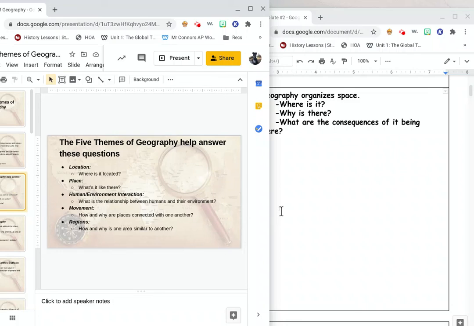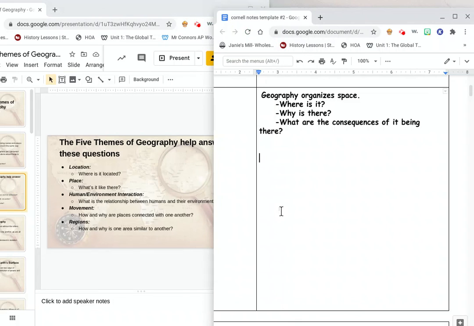The 5 themes of geography do help us understand in terms of location, place, human and environment interaction, movement, and regions. Because this is on the vocabulary part of your packets, I am not writing this down, and I would not expect you to write that down.